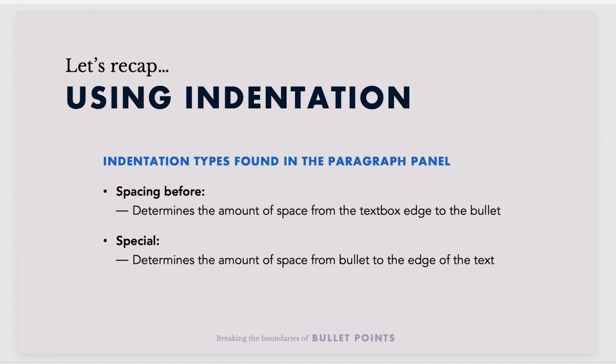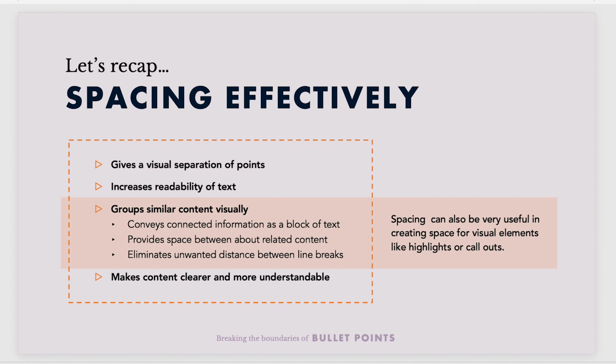By adjusting the indentation of your bullets, you can change the distance between the bullet symbol and the side of the text box, and the symbol and the start of your text. This can especially be helpful when you're using sub-bullets. And lastly, by using before and after spacing within the paragraph panel rather than simply changing the line spacing, you can make your bullets more legible and visually concise.